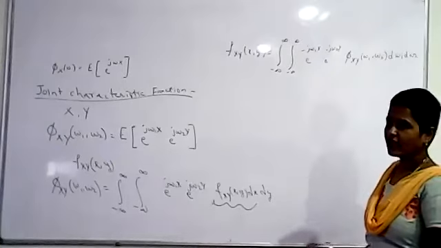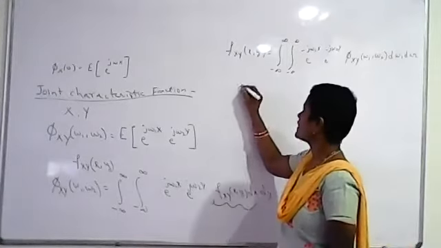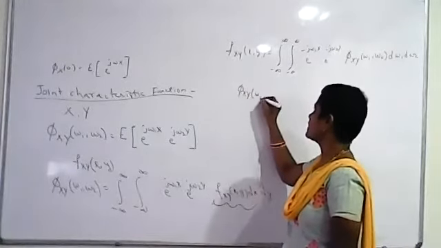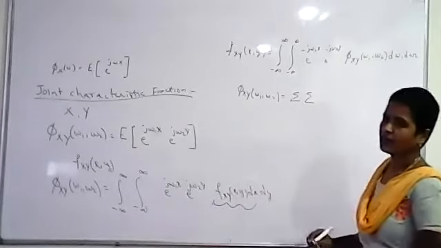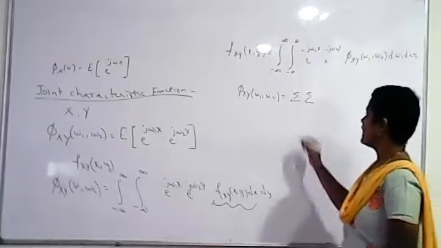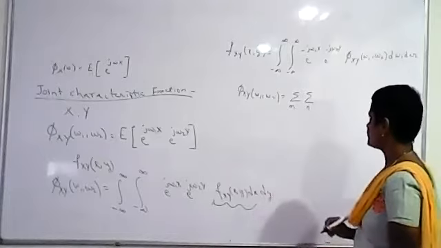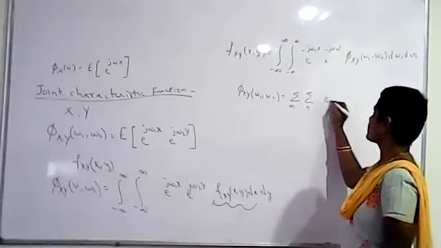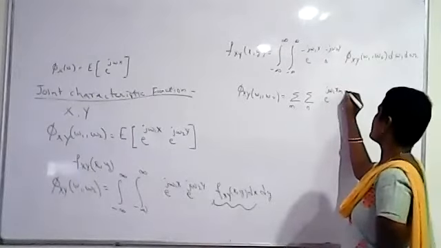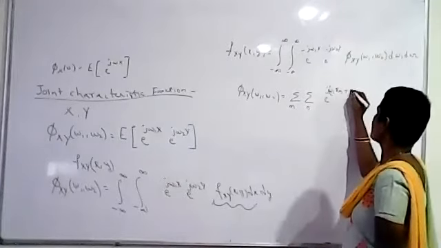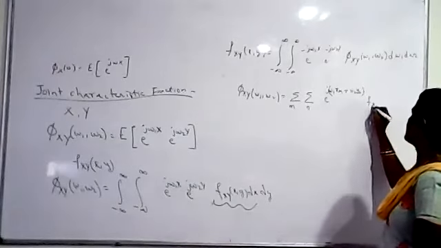Now if you take discrete random variables, in the case of discrete random variables, the formula of phi xy of omega 1 comma omega 2 can be written as a summation with respect to m and a summation with respect to n of e power j, omega 1 xm plus omega 2 yn, multiplied by fxy.